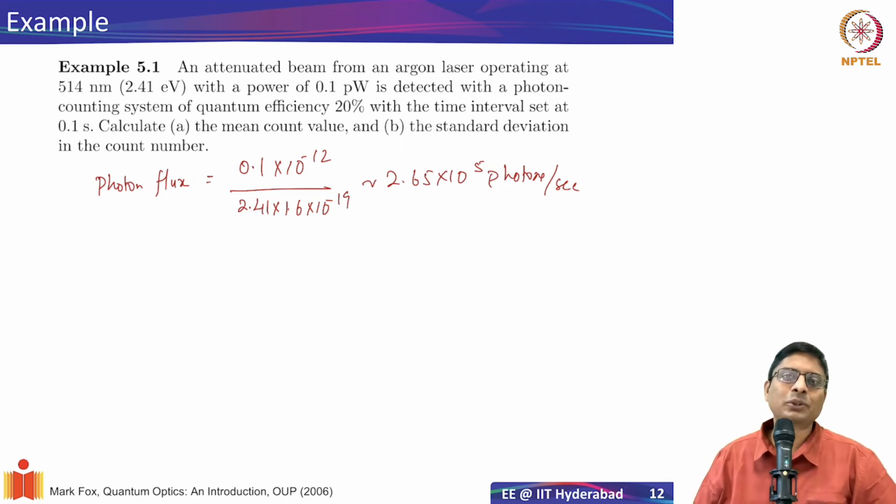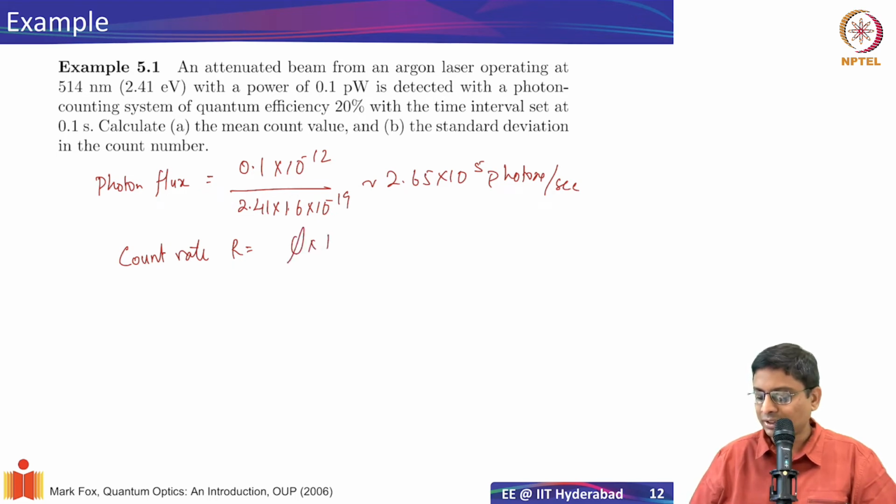Now this is my photons incident on the detector, let's say on the counting system. What will be the counts registered? Now the interval is 0.1 seconds. Small intensity, but the interval is relatively large, 100 milliseconds. So the count rate R is going to be the photon flux phi times the time interval.